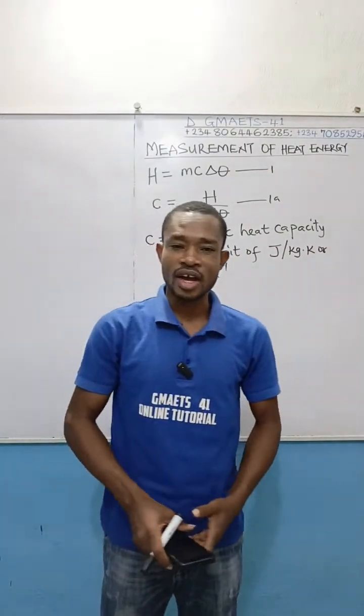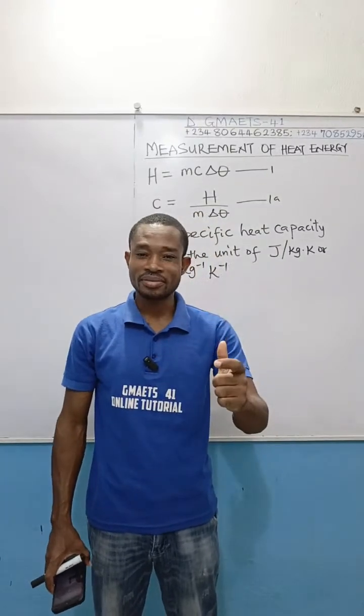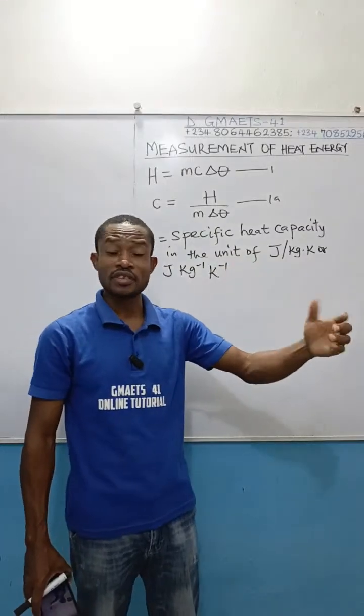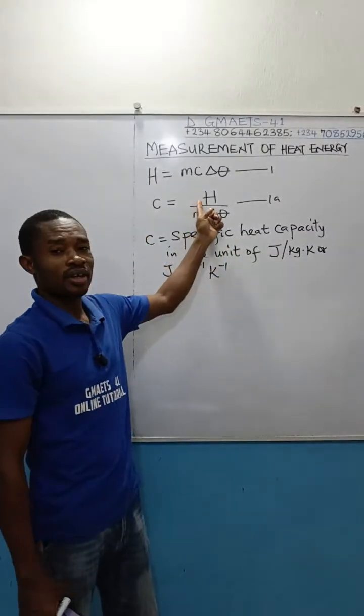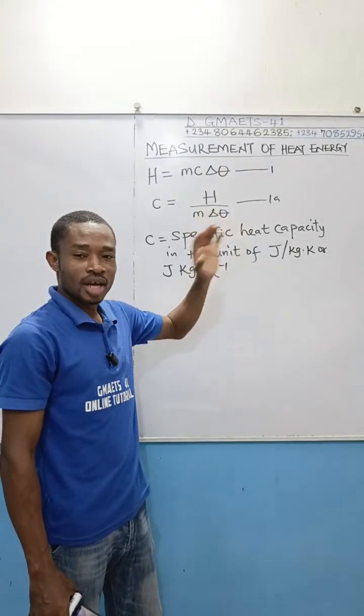Let us now define the specific heat capacity of a substance, C. We're going to use equation 1A here to understand the definition. If you look at this, this is simply energy divided by mass and temperature.